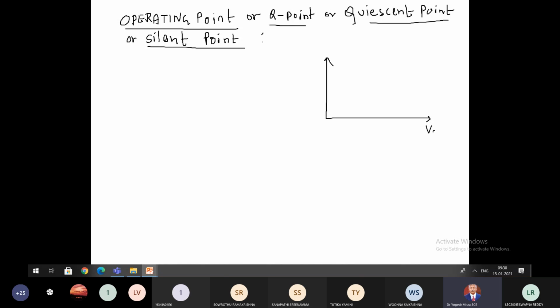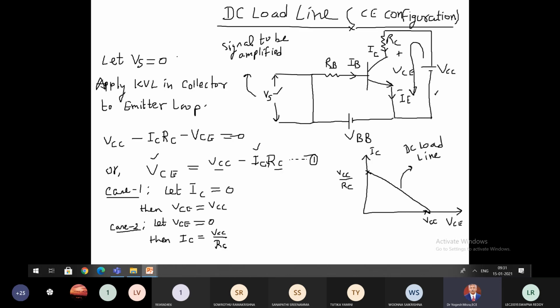So suppose this is VCE, this is IC, okay, and this is the DC load line. So now if you see this circuit diagram, due to VBB, you will find some IB is there, right? There is some value of the IB.